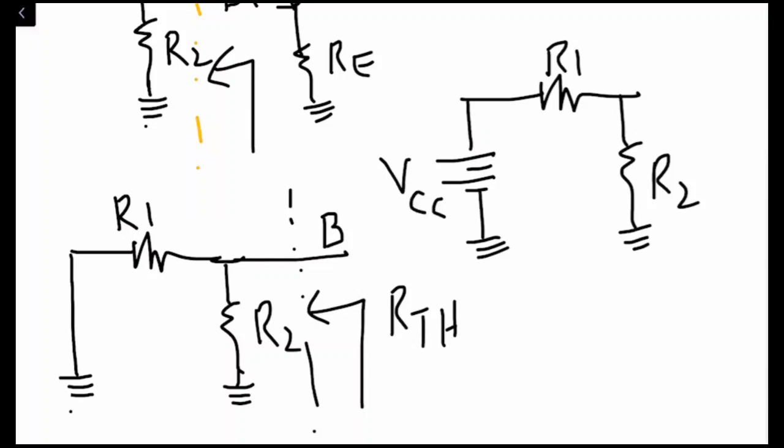And looking from this side, what is going to be the Thevenin equivalent voltage, which we say ETH, right? So how can we find ETH? Anyone?